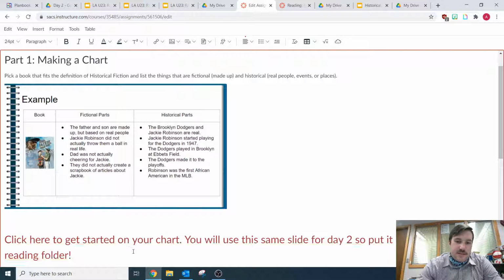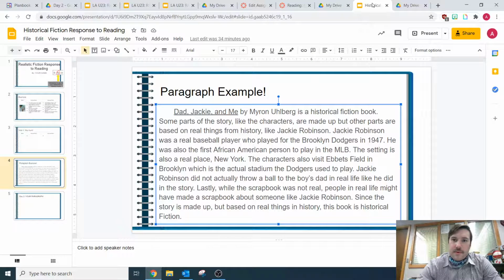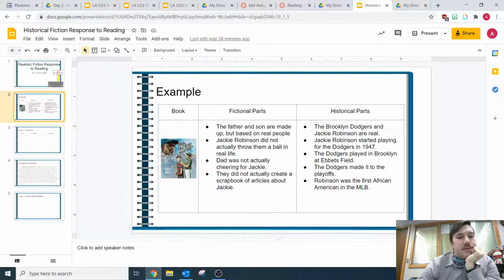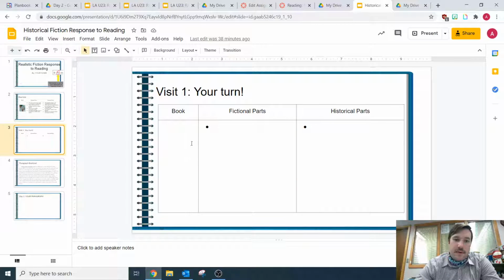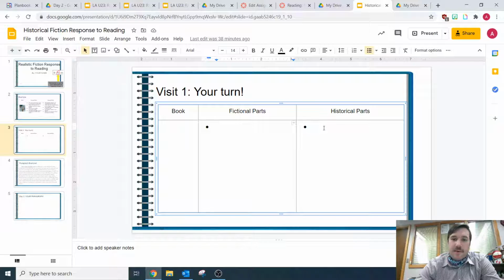You're going to pick a book, so maybe you pick I Survived, the American Revolution. You're going to take a picture of the cover of the book and put it here on yours, and then you're going to include which parts are made up and which parts are historical or true.